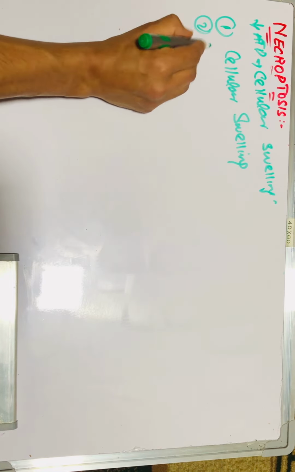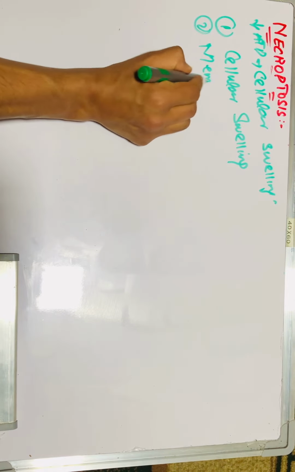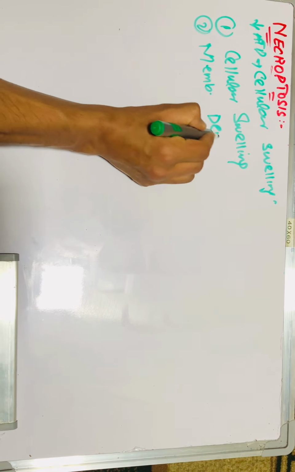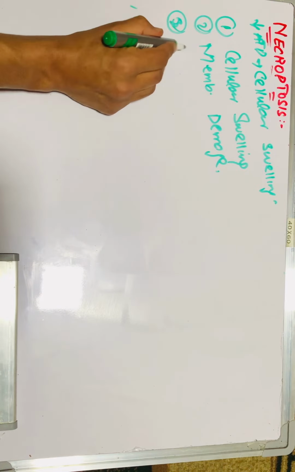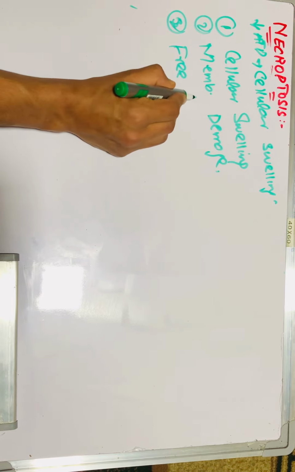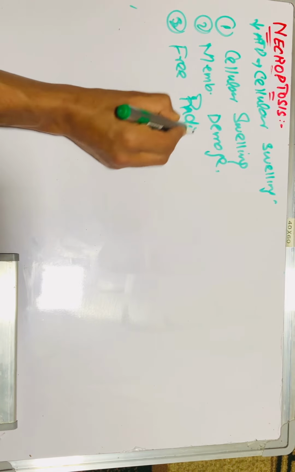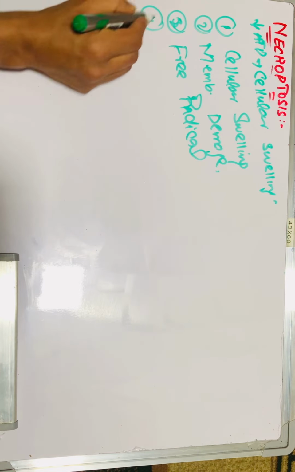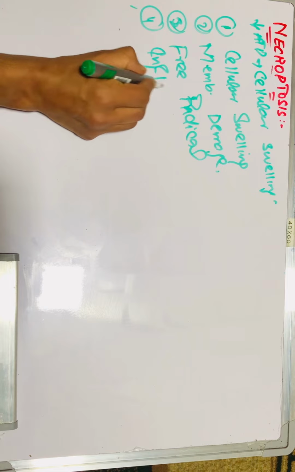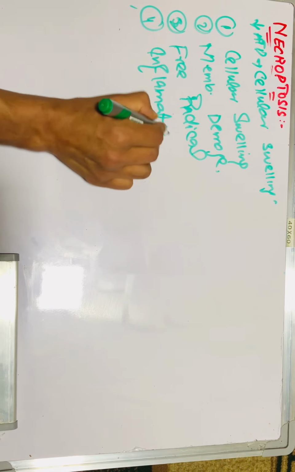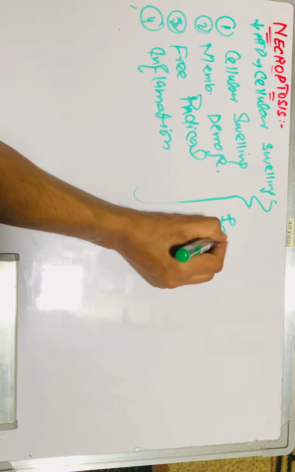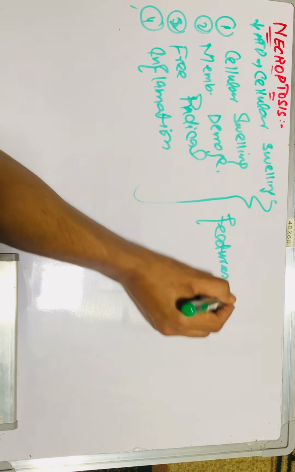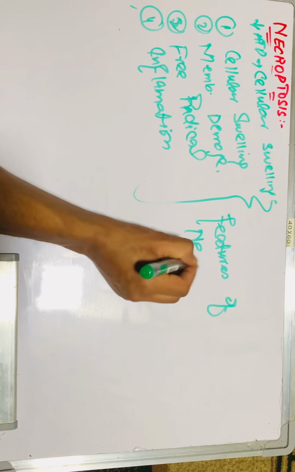Now one is cellular swelling, number two is membrane damage, number three is free radical production, number four is inflammation. So these all four are the features of necrosis.